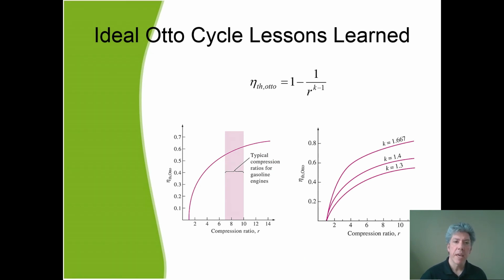If you think about it, as the compression ratio increases, the thermal efficiency of the Otto cycle increases. In fact, you look at the first chart or figure on the left-hand side, and you'll notice that the thermal efficiency of the Otto cycle is increasing as compression ratio along the x-axis is increasing.